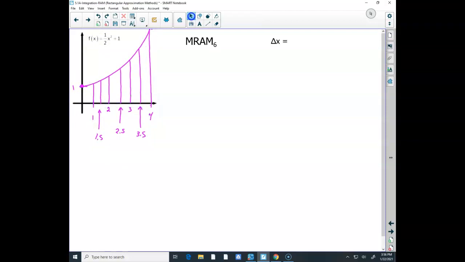Because now remember, still 6 rectangles, except now this midpoint is making my rectangles. So now that I know this first midpoint and I know my delta x is a half, it's pretty easy. I don't need to draw every one of them in there. So why don't you give it a shot here, and I'll be right back.